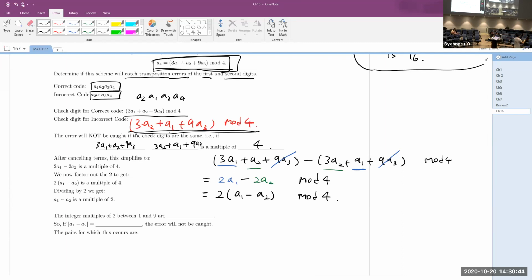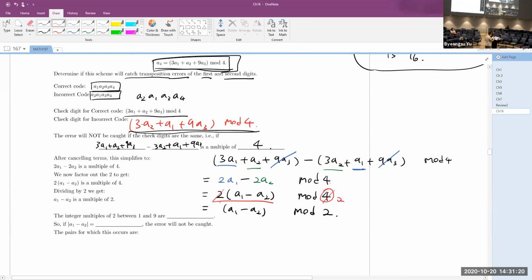Okay. And the next part is actually what Grace pointed out. It is a little bit complicated. This is the same as A1 minus A2 mod 2, because, yeah, that's what I didn't introduce last time. You can divide this number and this number at the same time, right? So I just divide by 2 here and here.